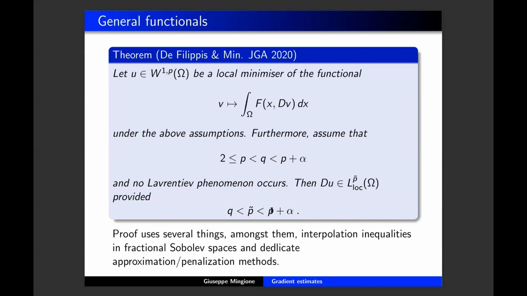The proof uses a bit of interpolation inequality in fractional Sobolev spaces, delicate approximation and penalization methods, but essentially this tells that there's another universal phenomenon.